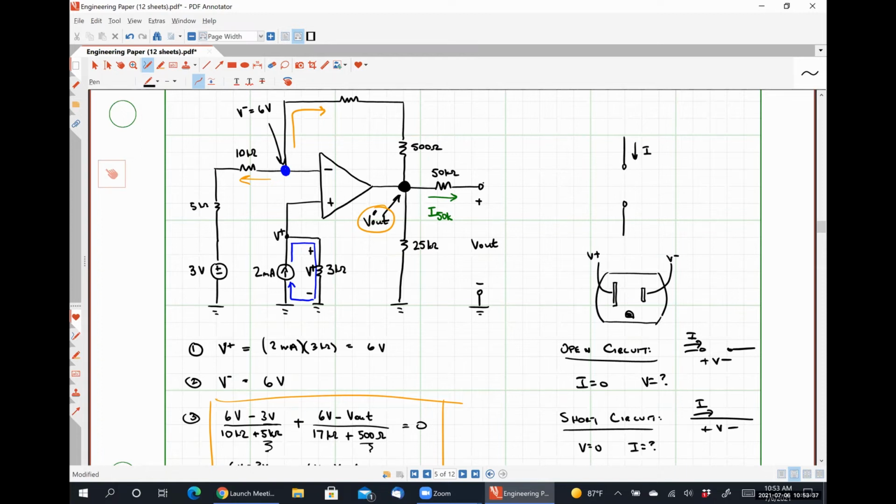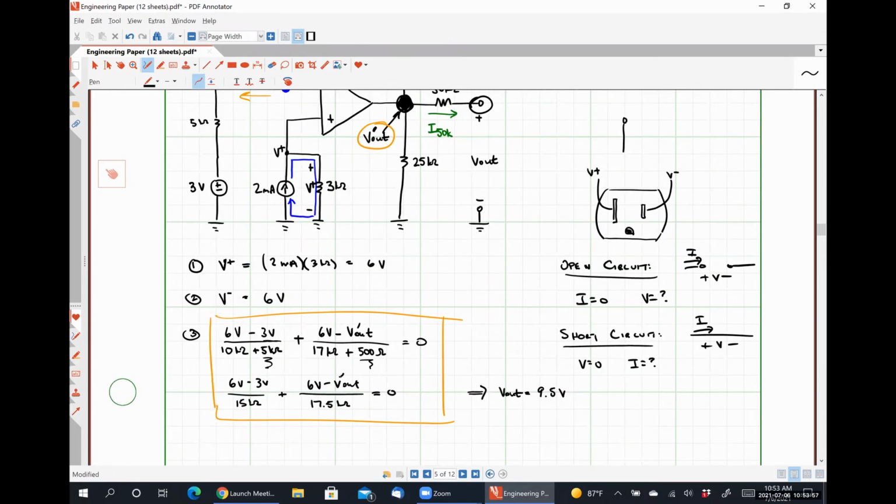V out is technically this guy right here. So what I believe Mr. Gray meant was the voltage present at the output terminal, which is the voltage right here. So these should technically be V out prime.